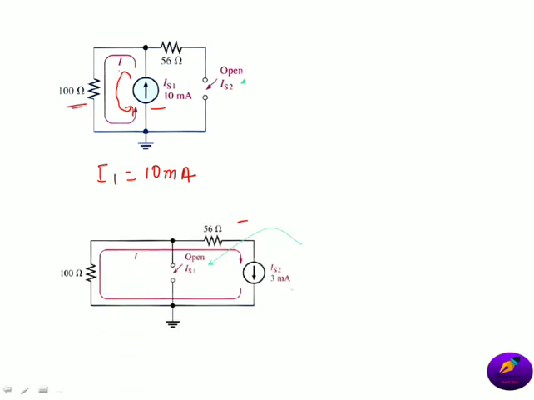In the second circuit we have the 3 milliampere current which is flowing through the 100 ohm resistor but in the opposite direction. That's why I2 will be equal to 3 milliampere.